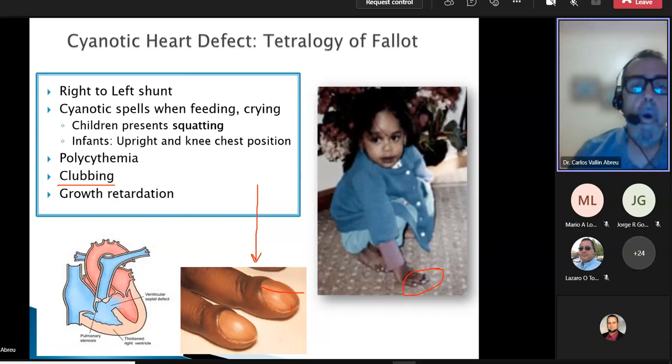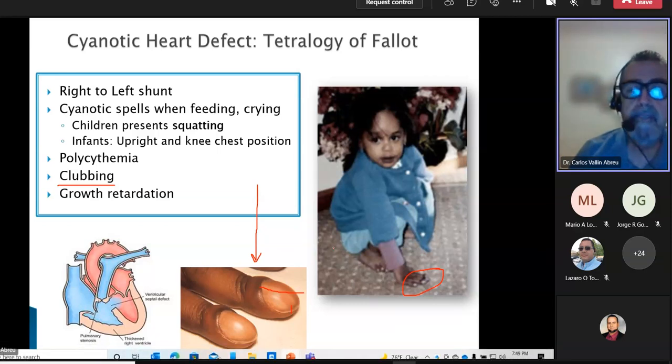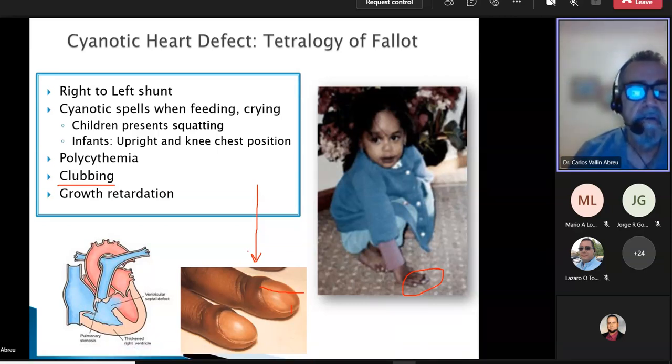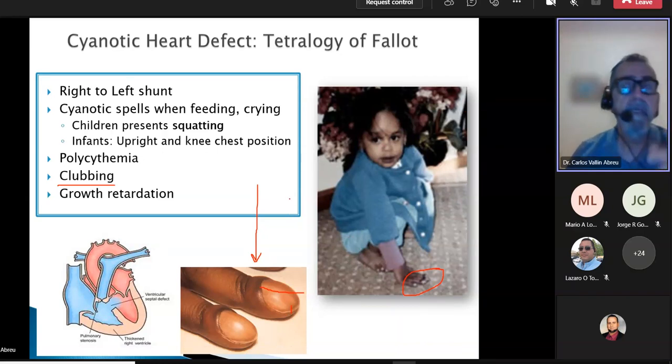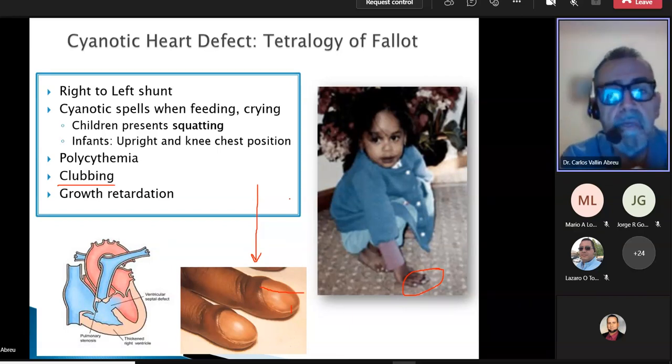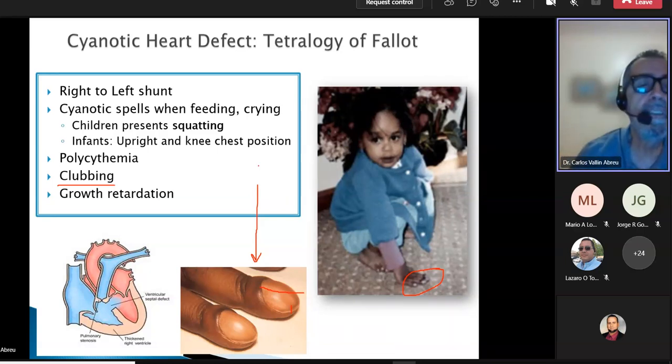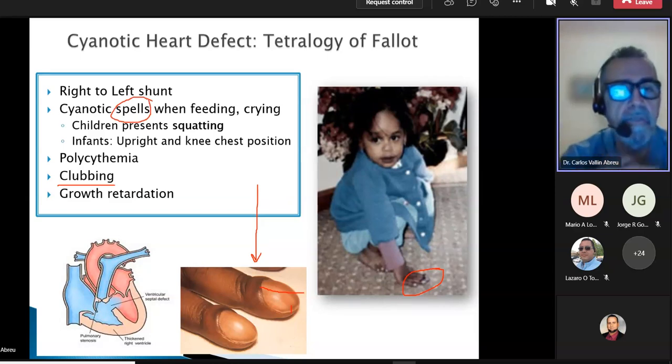It's important to know that those kids with these defects, when they are exercising, remember again, they have exacerbation of the symptoms, and they become even more cyanotic. This is called a cyanotic spell, like a cyanotic attack. That is a worsening of the cyanosis and the heart failure, and it occurs when they are exercising.